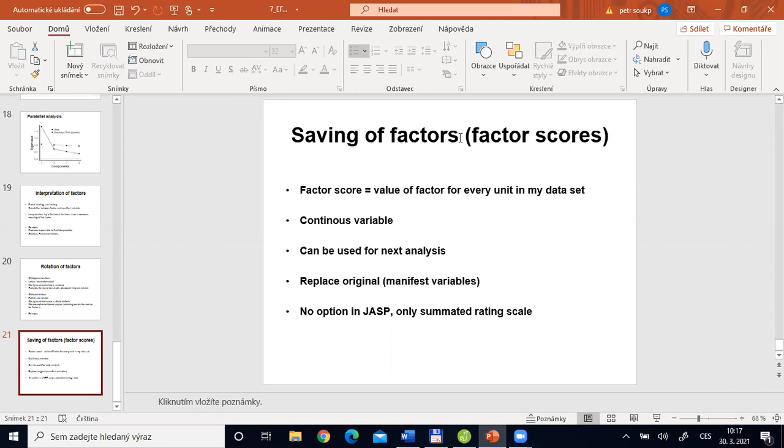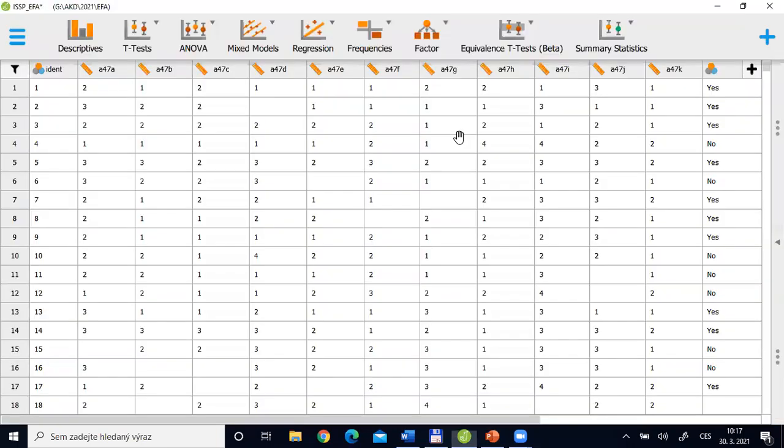And the only option in JASP would be the following. I could open the dialog for computation of a new variable, and I could, for example, make a mean or sum of these first 5 items. And in the second step, I would make a summation or the average of 3 or 4 items from the rest. So I would make something called a summated rating scale.